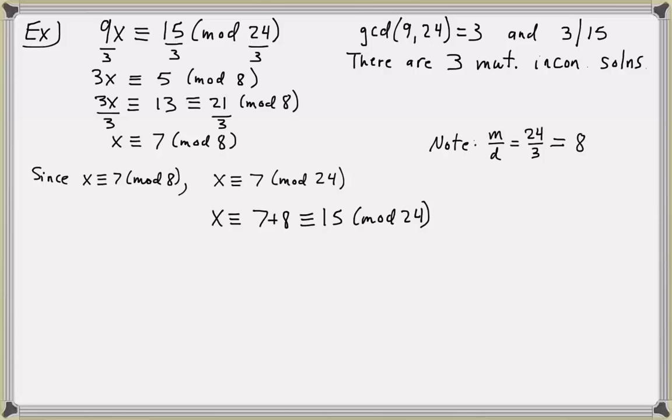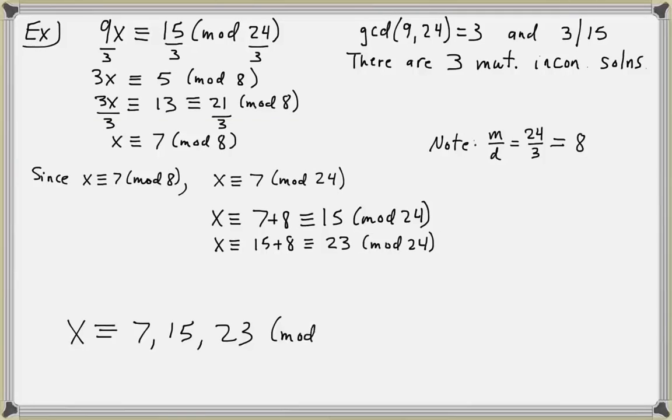And if I add 8 again, 15 plus 8 is congruent to 23 mod 24. So these are the other incongruent solutions. So the complete set of mutually incongruent solutions are x is congruent to 7, 15, or 23 mod 24.